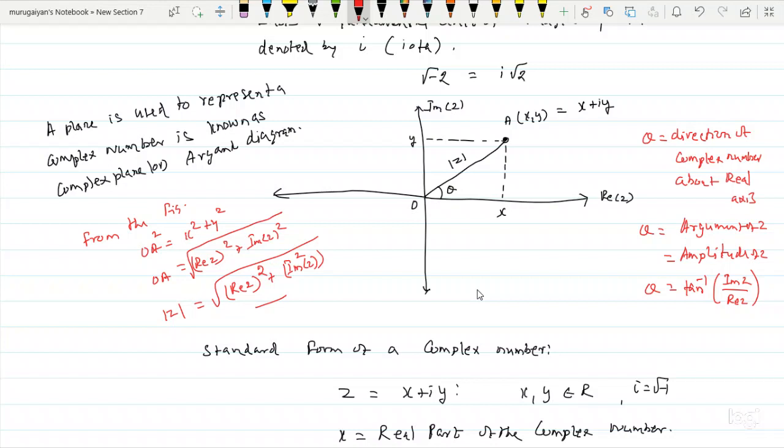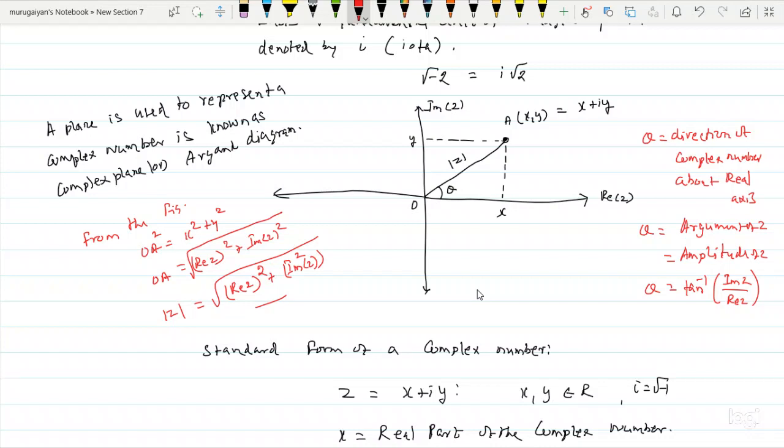If you take the complex number in various quadrants, now we have taken it from the first quadrant. In case the point is taken in the second, third or fourth quadrant, the modulus formula is going to be constant.